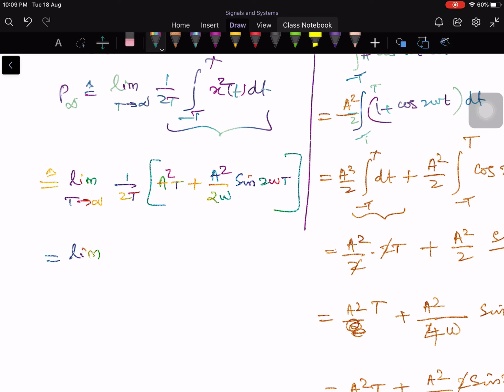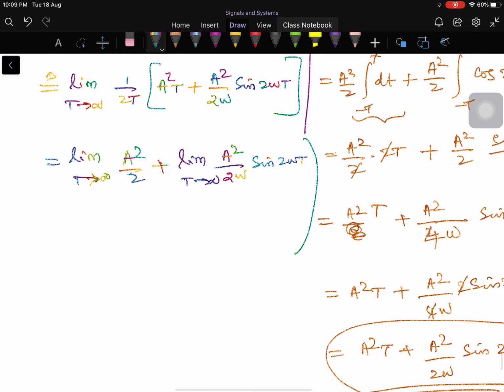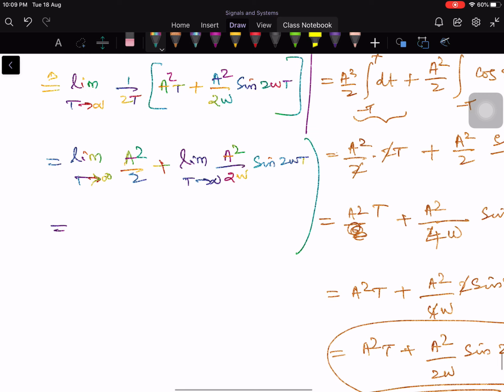So limit T goes to infinity, T and T will get cancelled, A squared over 2, plus limit T goes to infinity A squared over 2 omega sine of 2 omega T. Now this is a constant, so you can pull it out of the limit: A squared over 2 plus this one, where you substitute T equal to infinity, so A squared over 2 omega sine of 2 omega times infinity.